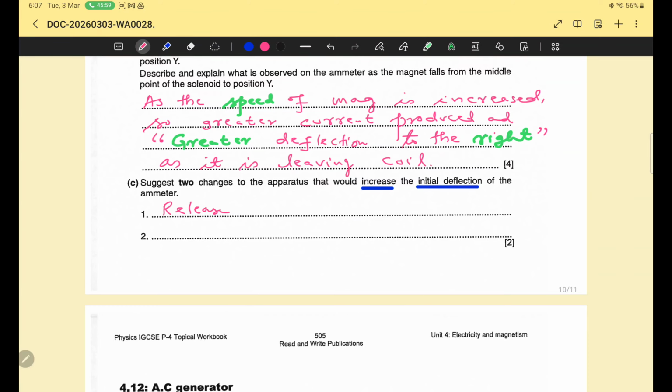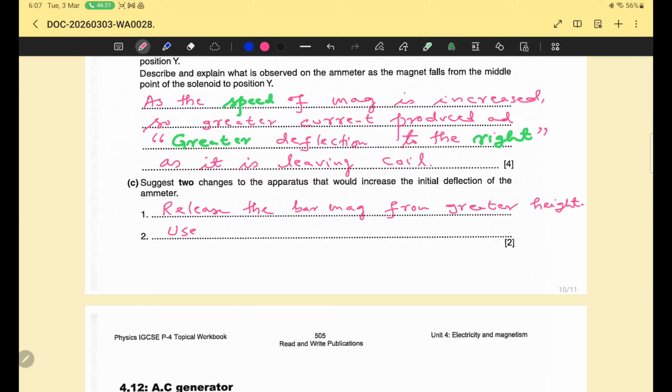Release the bar magnet from a greater height. You should increase the height. Then obviously it will enter the coil with greater speed. Number one.